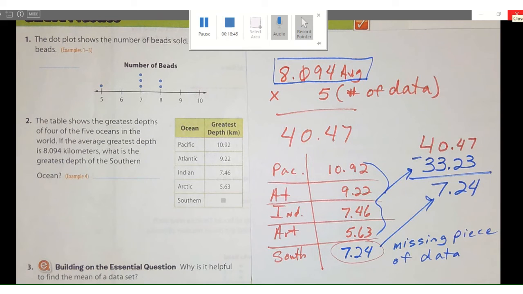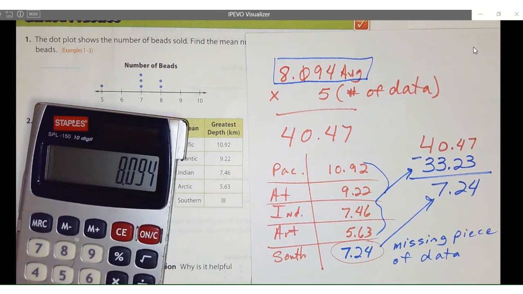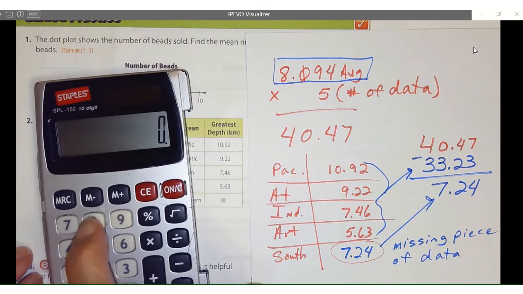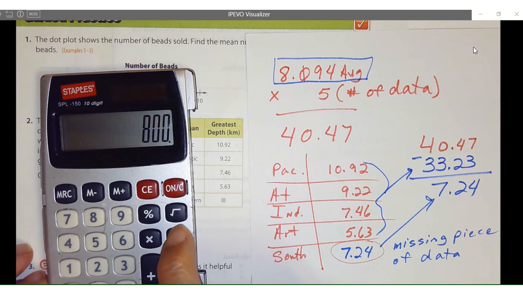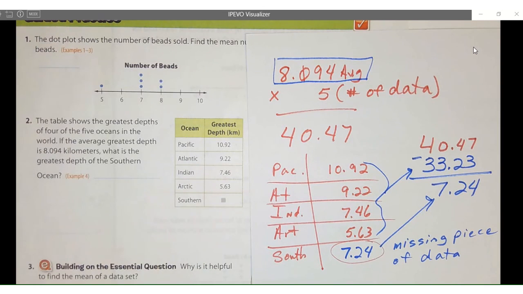So to recap, when you do the mean, you total the data itself, and then you take the number of data and divide it. So if you have a total of 800 and there are 10 pieces of data, 800 divided by 10, your average would be 80.